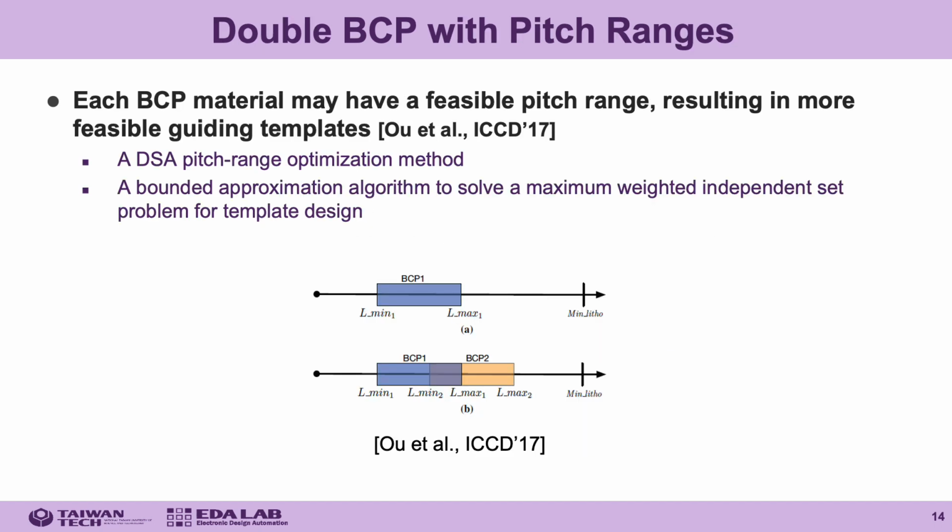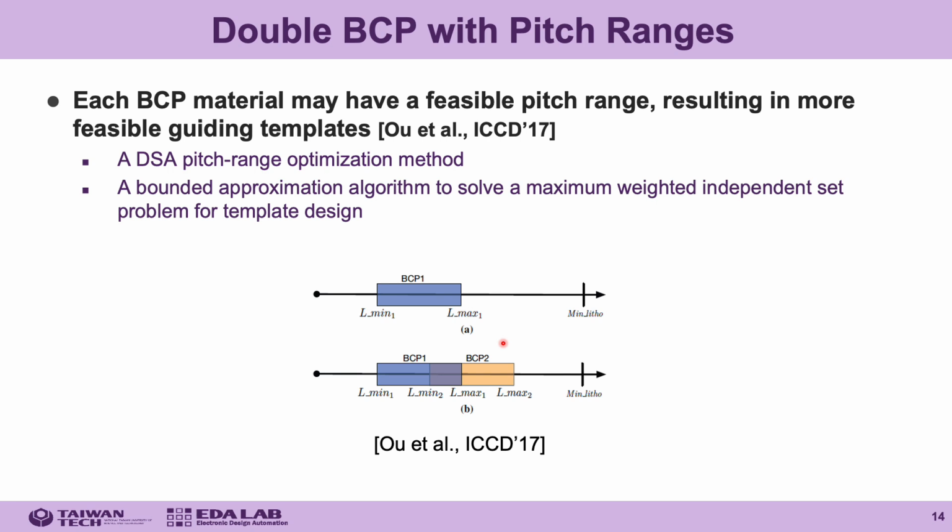Another work also considered using two DSA materials for a via layout, while they consider each BCP can have a feasible pitch range. This assumption makes mask assignment more flexible and may result in a larger solution space, and so solution quality may be improved. They also consider the mask assignment constraint induced by the different BCP types.